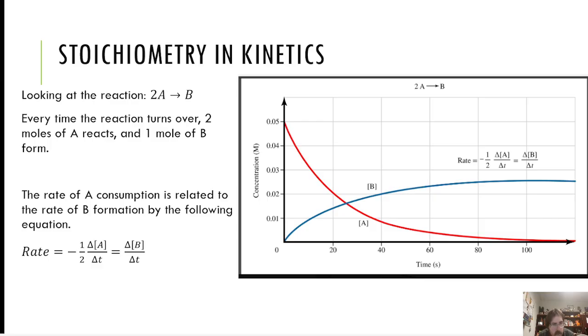And we can compare them to the change in B over the change in time. And if we look, the relative slopes are, A is a negative slope, and it's twice as fast. And so in order to compare them to each other, we need a negative 1/2. If you do that, the slope would be the same. The relative rates would be the same.